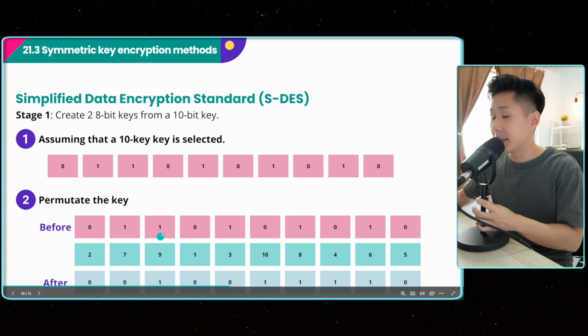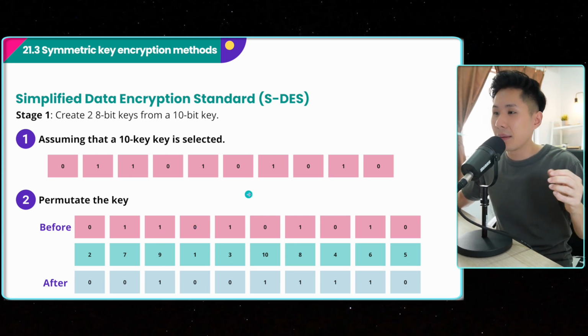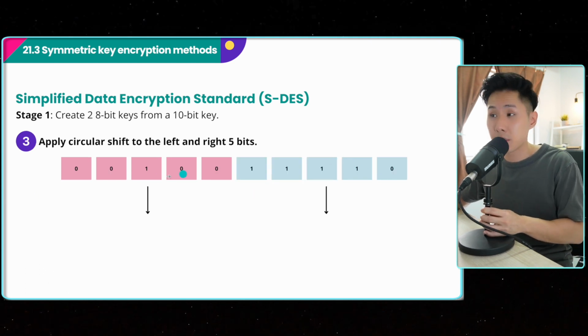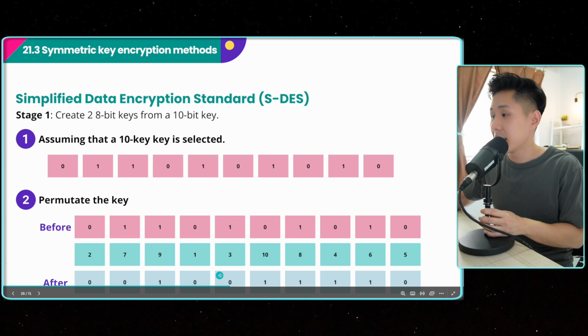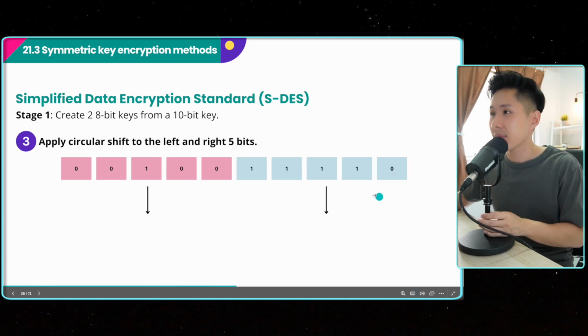And the third bit will be put into the 9th position, and the fourth bit will be put into the first position. So basically, we are just rearranging the key randomly. And after the permutation process, we should have the same 10-bit key, but in a different order.